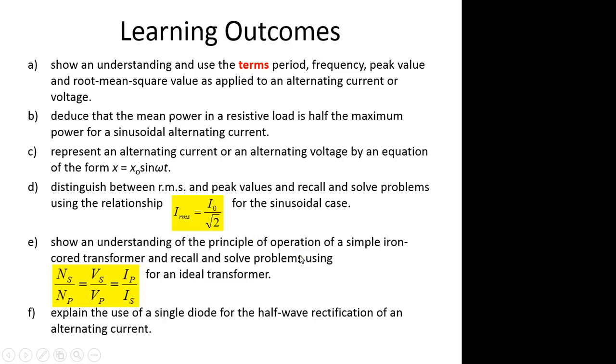I showed you that the root mean square current for a sinusoidal wave is given by this equation. I showed you how to get this equation, and this equation is only true for an ideal transformer.